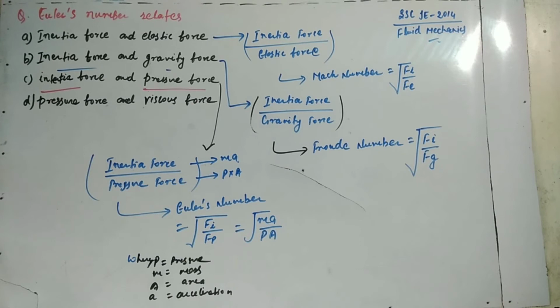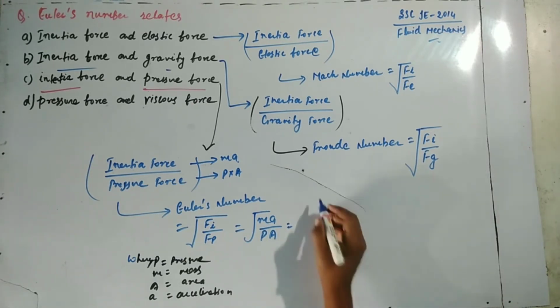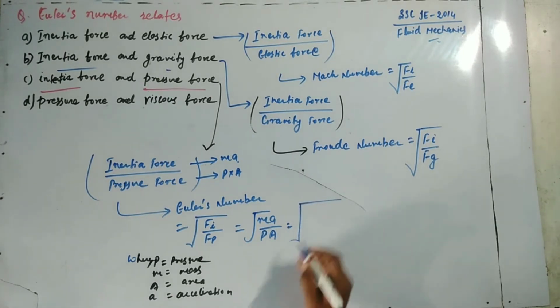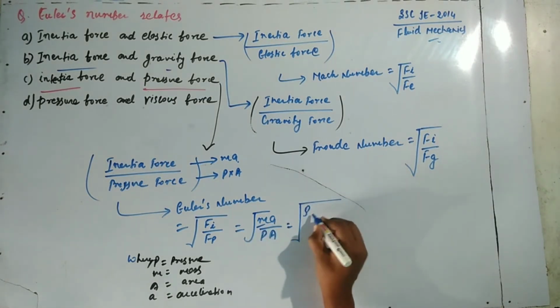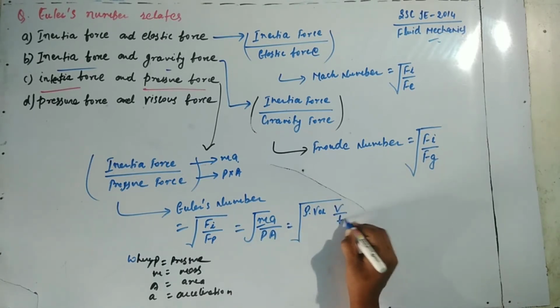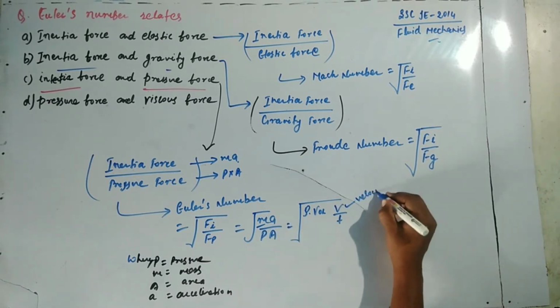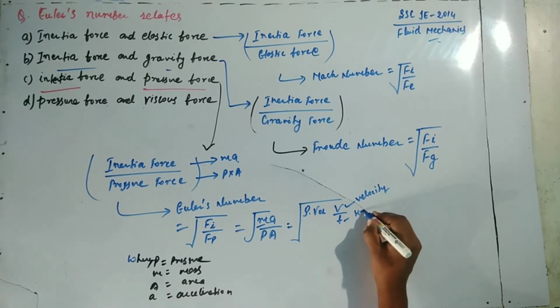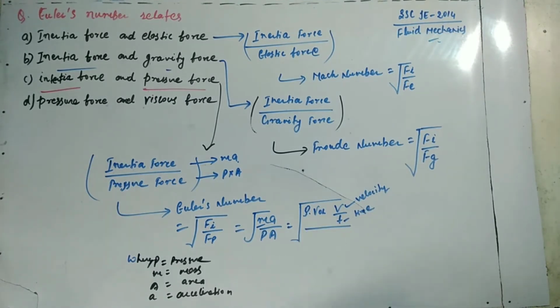Now when we solve the next term, mass m equals density into volume, and acceleration is change in velocity with respect to time, that is velocity by time. So root over density into volume into v by t, by p into a.